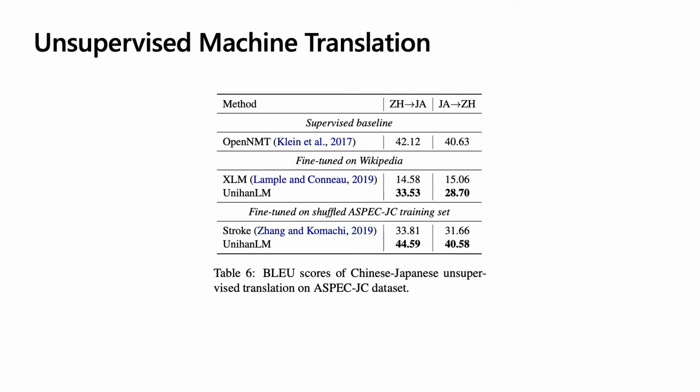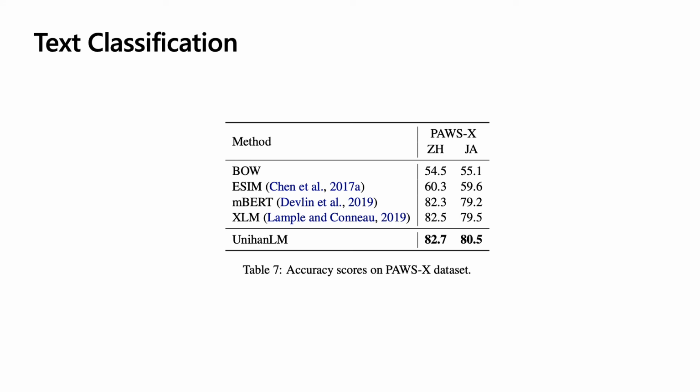And notably, our UnihanLM even outperforms the older supervised baseline OpenNMT, and it's kind of amazing. For text classification, we test the performance on the PAWS-X dataset, and we outperform XLM and multilingual BERT.